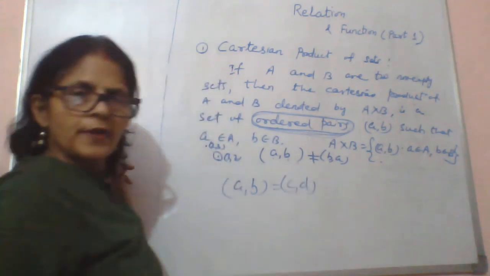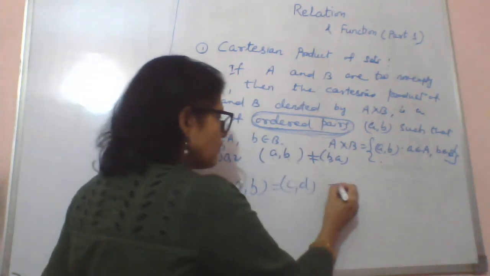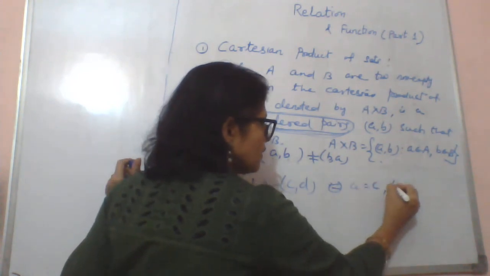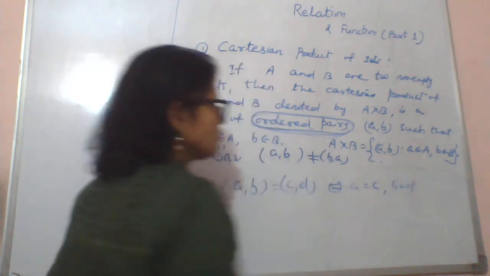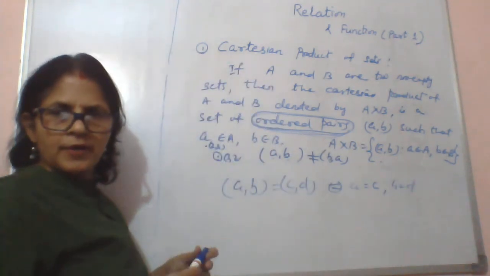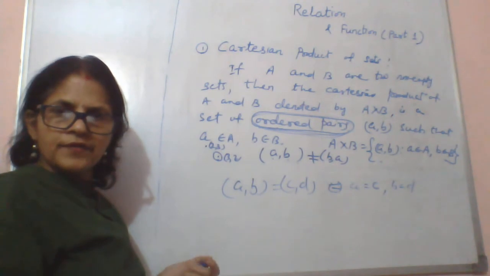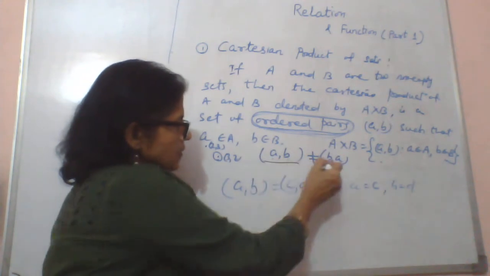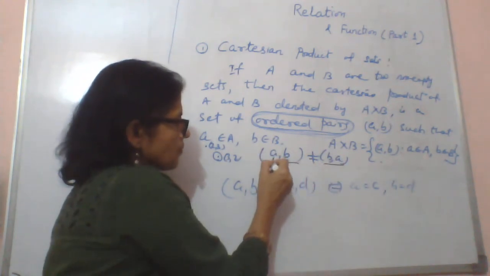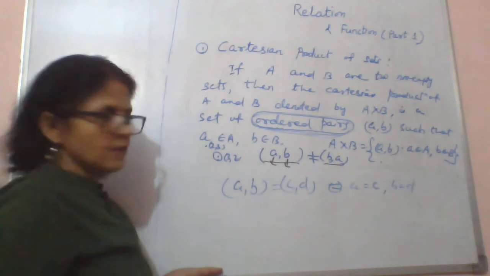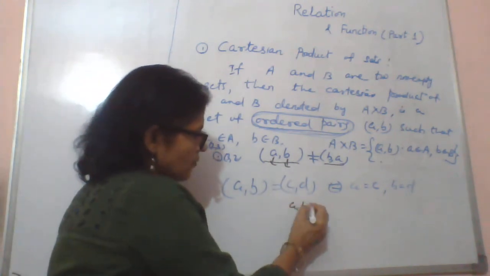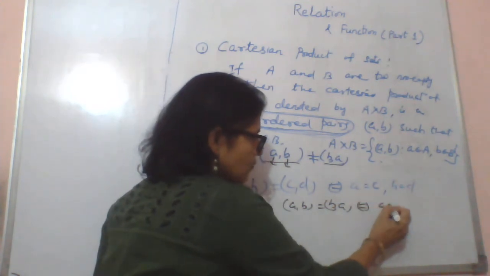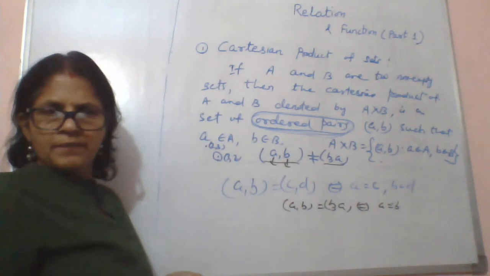If you take two ordered pairs equal, if and only if a equals c and b equals d. So that's why we call them ordered pairs. Okay, pairs are in a definite order. So here you see, having taken this as an ordered pair, this is the first component, this is the second component. Okay, so here (a, b) equals (b, a) if and only if a equals b, otherwise they are not equal, right?